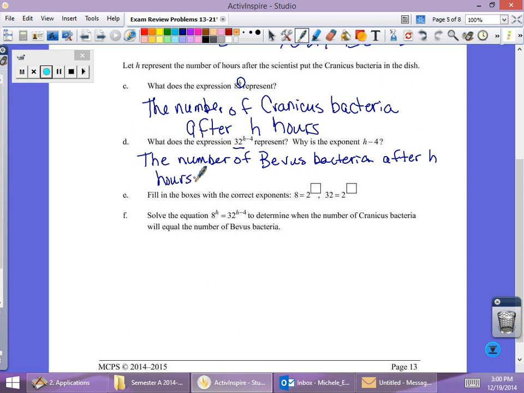And those h hours are after noon. Because remember, they started a little bit later, so we're going to identify that it's actually afternoon. And then why is it h minus 4? Because it started at 4 o'clock. So it is h minus 4 because it started at 4 p.m.